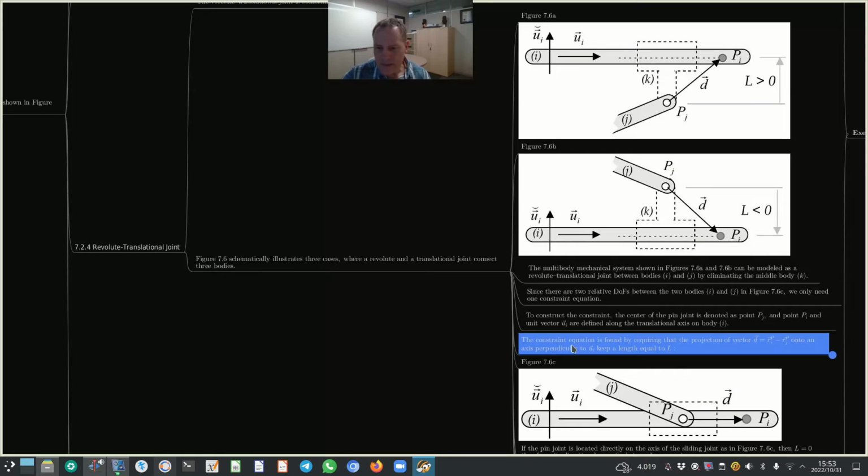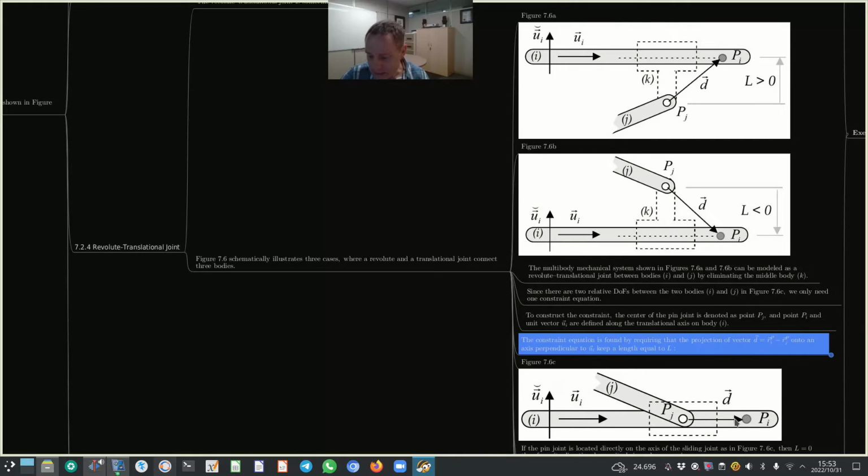Right, so the constraint equation which Prof. Nikravesh is defining is found by requiring that the projection of vector D, and you can see vector D in all three schematics, figure 7.6a, 7.6b, as well as 7.6d.